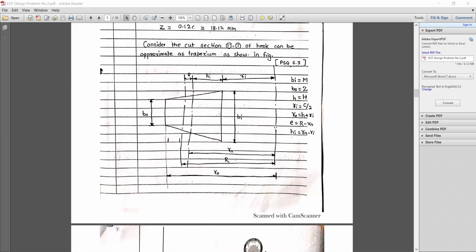I request all of you to draw this diagram in the examination also, whenever you are going for design, because it indicates how you calculate it and where your center of curvature lies. It gives the examiner a proper idea of how you have considered the design.